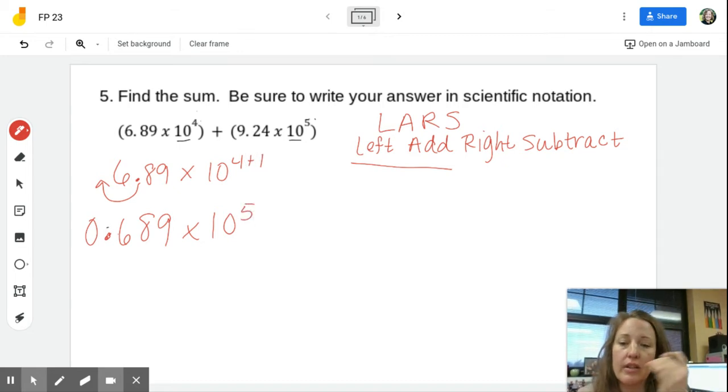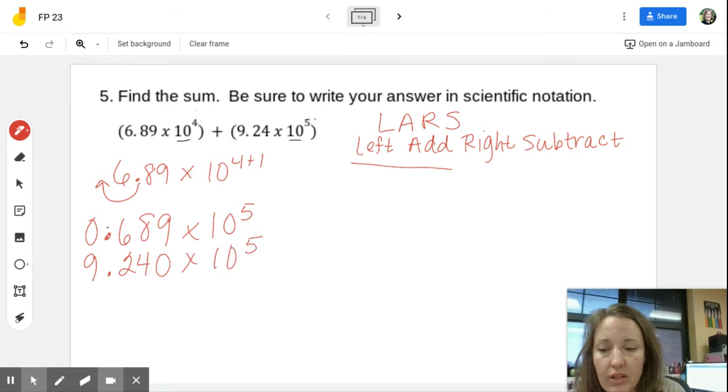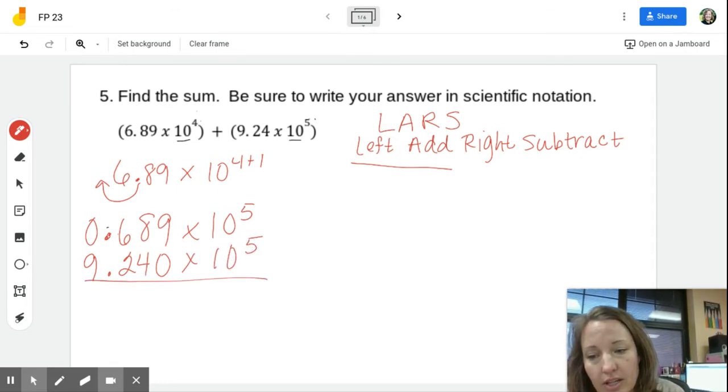And now these exponents are the same. So I'm going to put underneath 9.24 times 10 to the 5th. And I'm just going to straight up add.